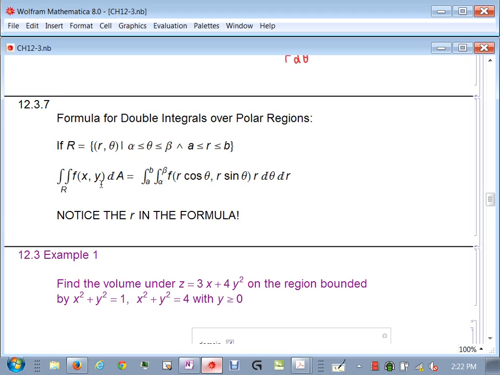Then the dA here becomes r d theta dr. And notice that theta is between two constants. We call them alpha and beta. And the radius is stuck between two constants. We call them a and b. We like to use Greek letters for angles, so theta, alpha, and beta. And then r is stuck between a and b.